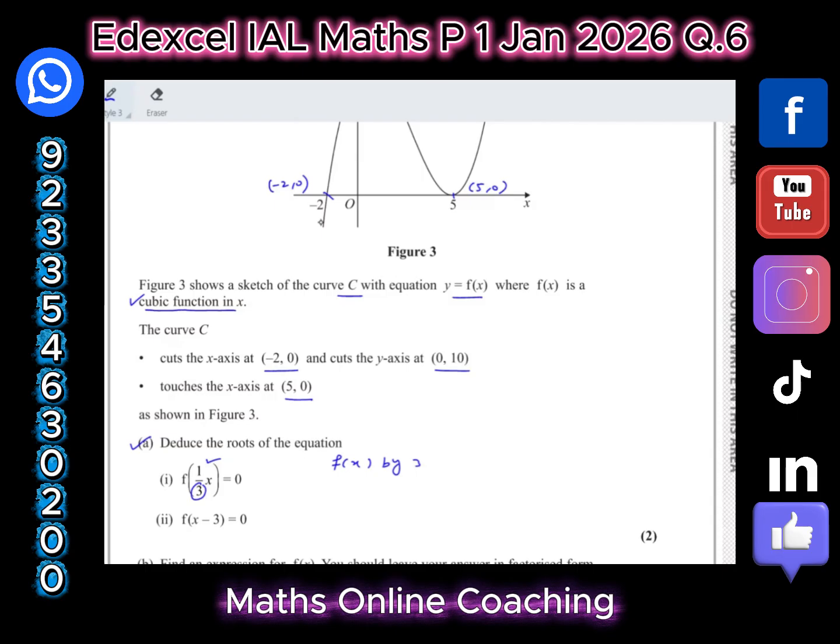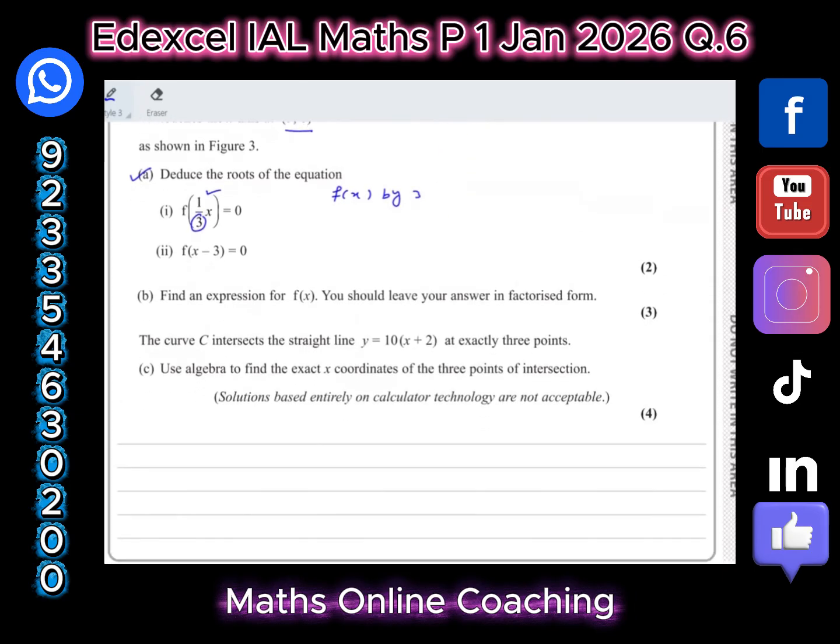Now, the roots of f(x) are -2 and 5. So we have to multiply these roots by 3. The solution to part A, f(1/3 x) = 0. The scale factor is 3 here, and the roots of f(x) are -2 and 5.